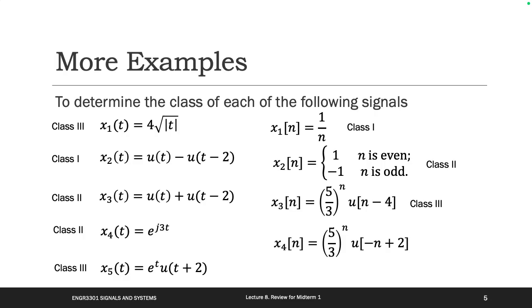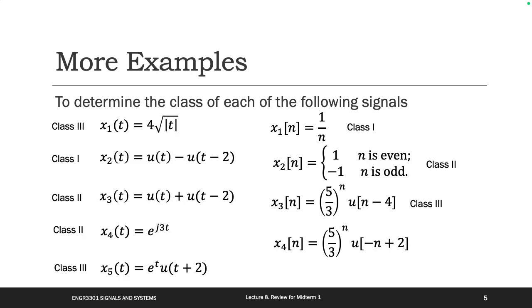Which means you can say this part should be greater or equal than 0, am I right? So negative N is greater or equal than -2, am I right? So N should be less than or equal to 2. So this is the N. So N should go from 2 in this direction, am I right?